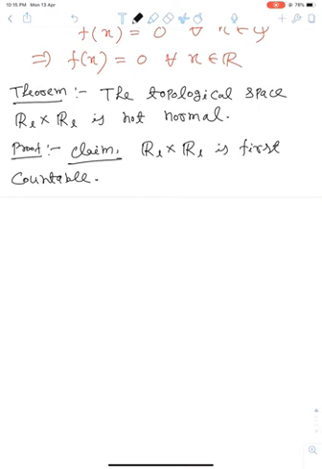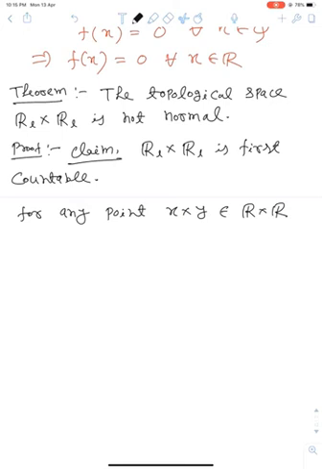Why? Because for any point x cross y belonging to R cross R. Here I am writing R cross R because the topological space is R cross R and the topology is given by the lower limit topology in each case.